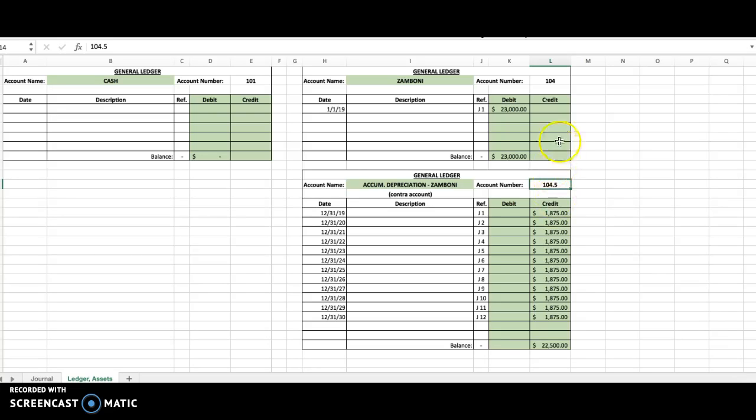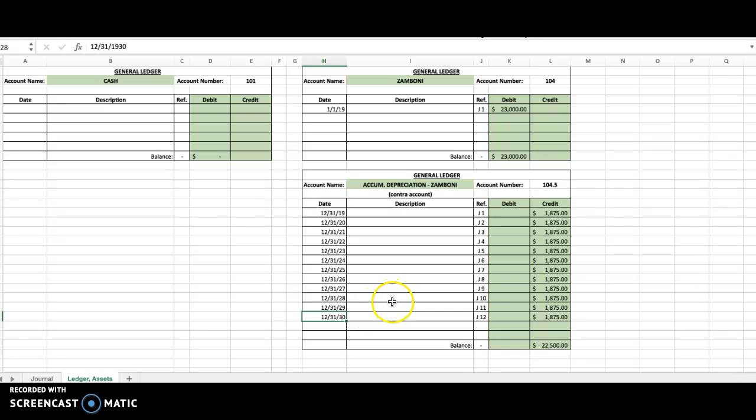So anyone looking at it can see the original price and then how much has been depreciated. After the second year, 2020, the same debit to depreciation expense for the Zamboni, and a credit to this account, accumulated depreciation, another $1,875. So we do that every year. You can see that this has been done for the past 12 years, and we are now at the end of 2030.